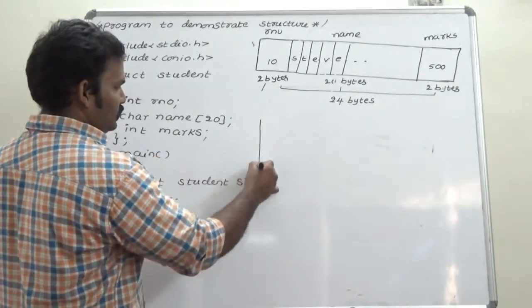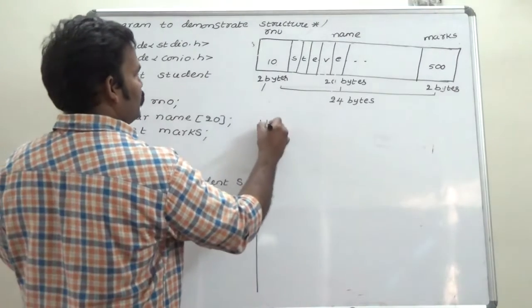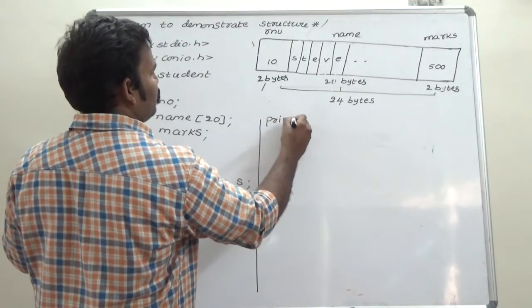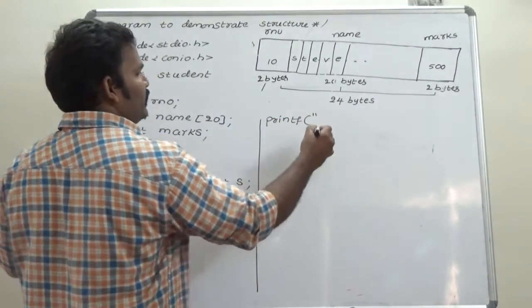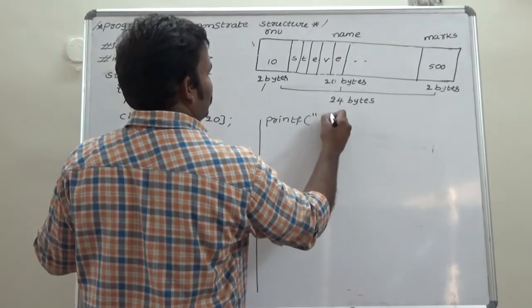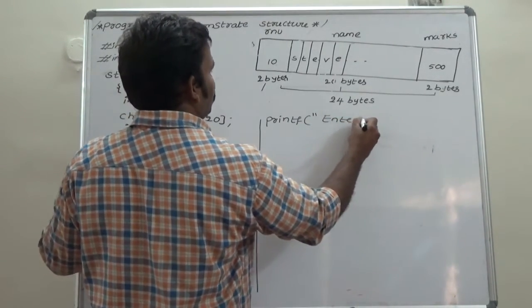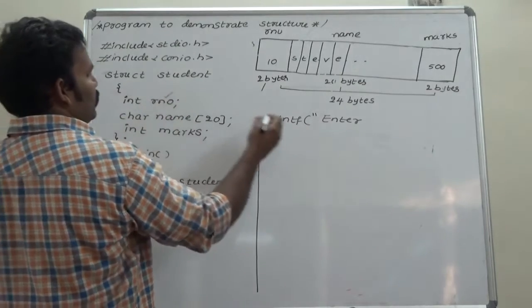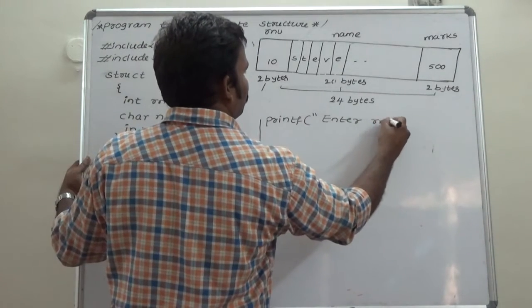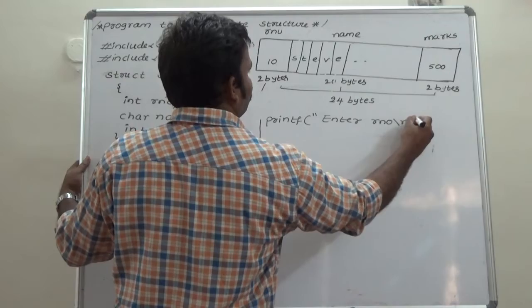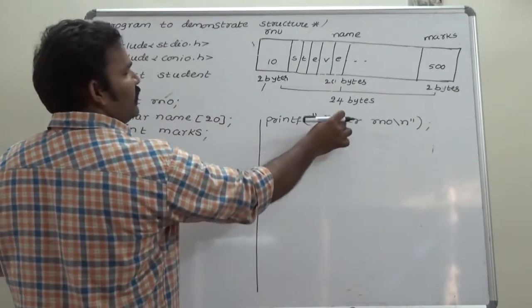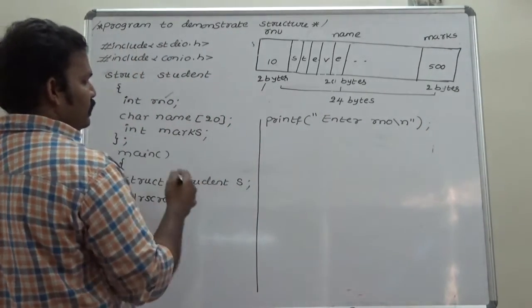So for that, here I am using printf function. Printf, I want to display text message on the screen. Enter roll number. So after reading this message, the user will enter number.